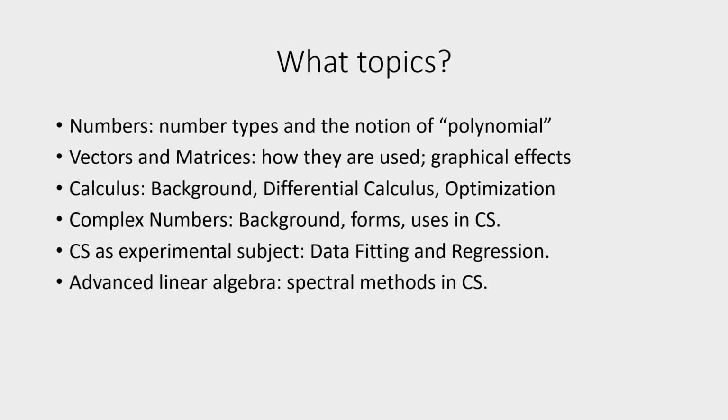I'll then move on to a quite recent development, the use of advanced linear algebra, in particular spectral methods in computer science. And to finish off, I'm going to deal with a subject that was introduced in the module last year, although it has been part of the syllabus. I'll talk about a very important discipline, which is called information theory.